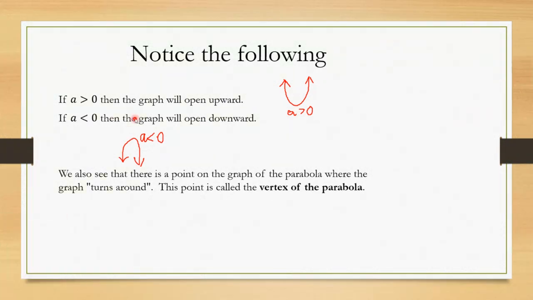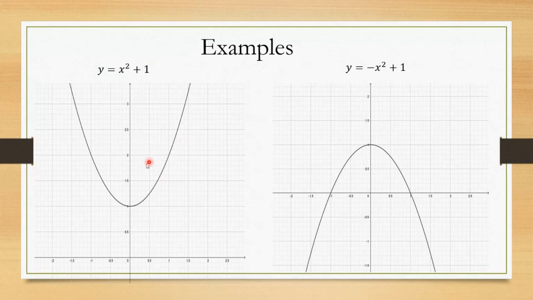Also, if you look at these graphs, you can see that there is some point where the graph changes direction and goes the other way. In other words, you can imagine walking along the graph, like a trail, and then here you reach the lowest point and you change direction. Same thing over here.